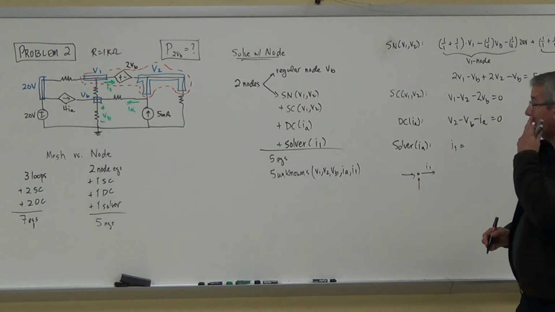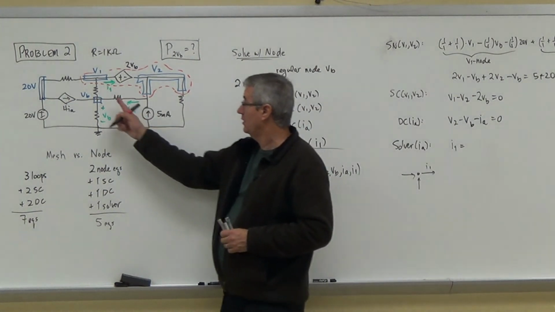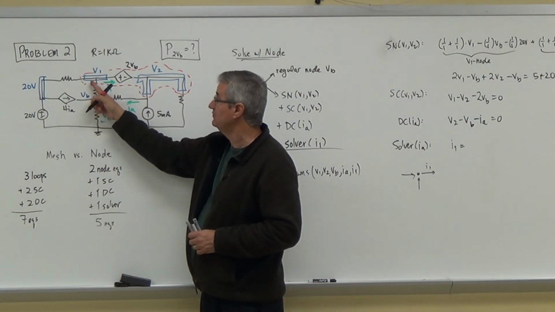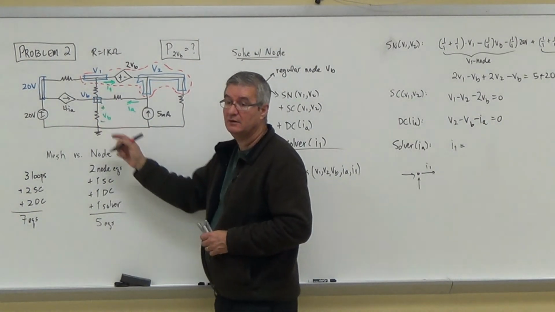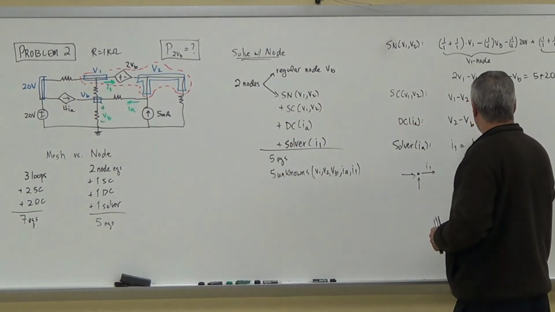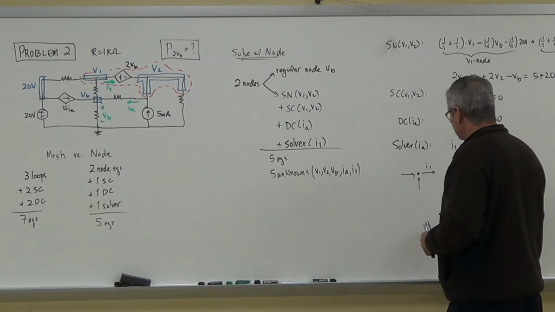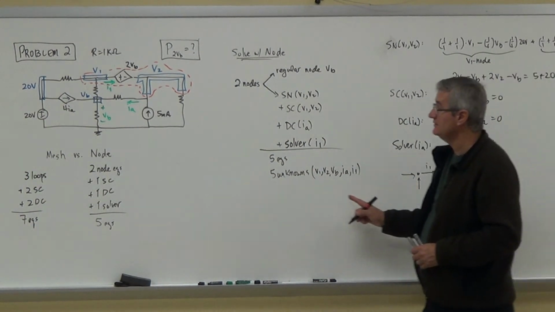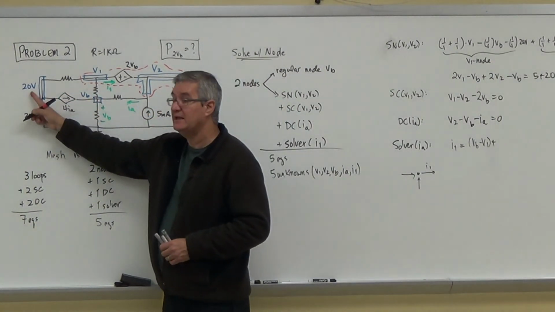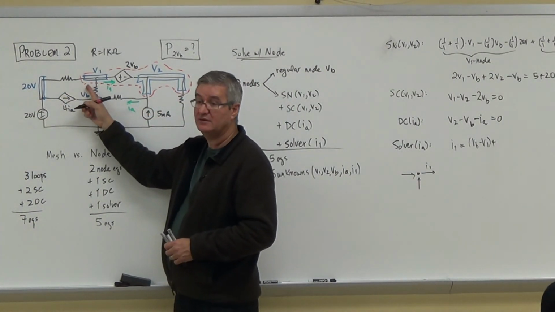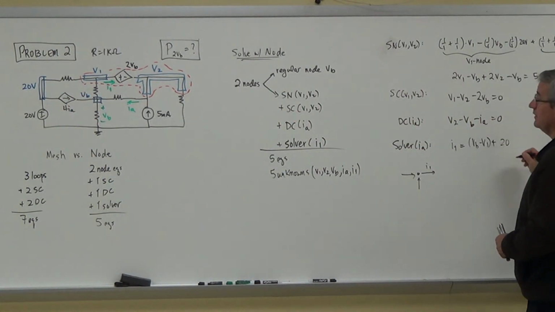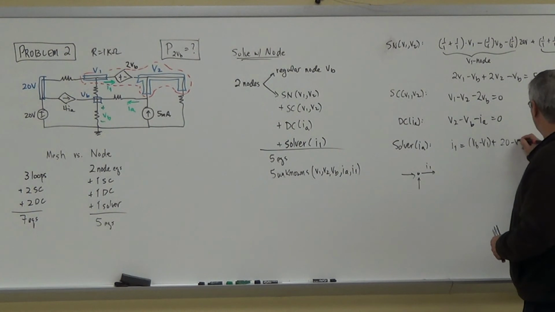So here I go. What's this node? This has to be VB minus V1 divided by 1, which is VB minus V1, plus the second current, which is this current, that has to be 20 minus V1 divided by 1, which gives me 20 minus V1.